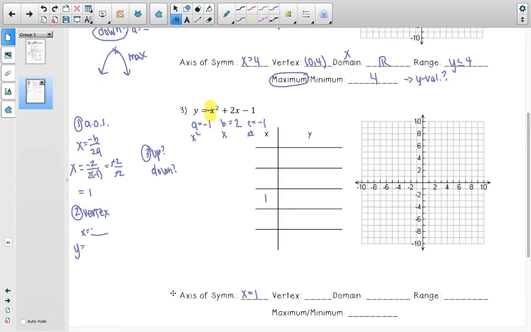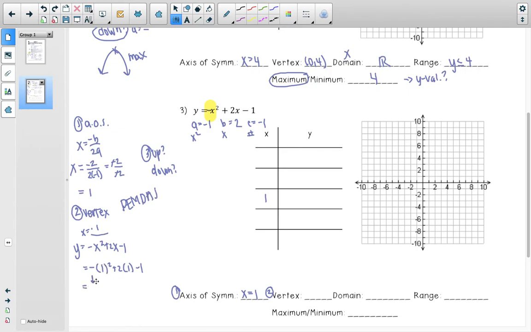Once you find that, I'm going to step this out with step 1, step 2. You're going to find the vertex, and so you're going to plug in your answer from the axis of symmetry into the original equation. I'm going to rewrite the original equation right here, just to show it to you. So we have negative 1 squared plus 2 times 1 minus 1. All right, order of operations. Once again, order of operations. Remember PEMDAS. This negative is after squaring it.